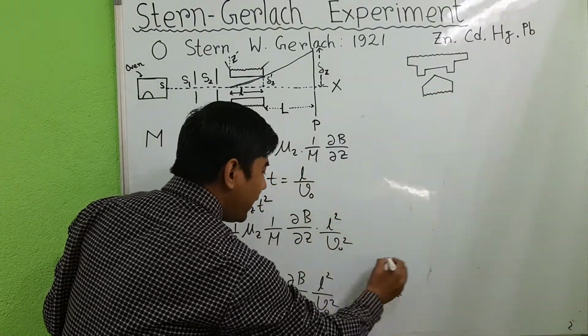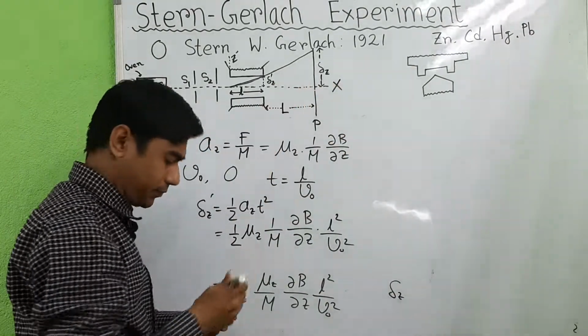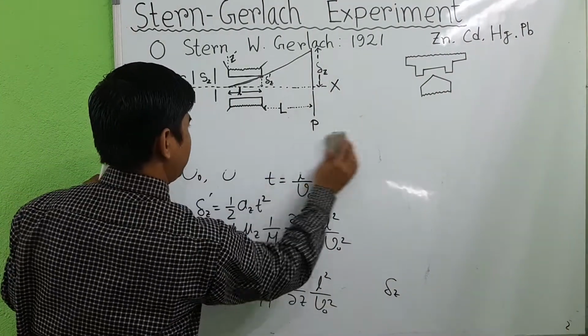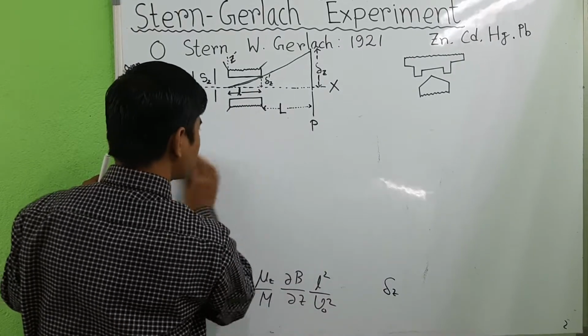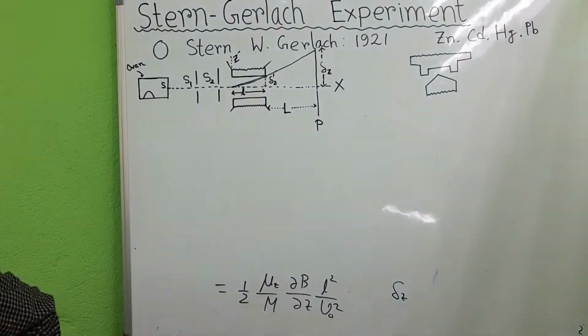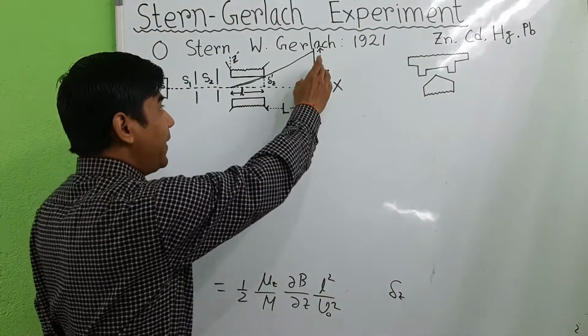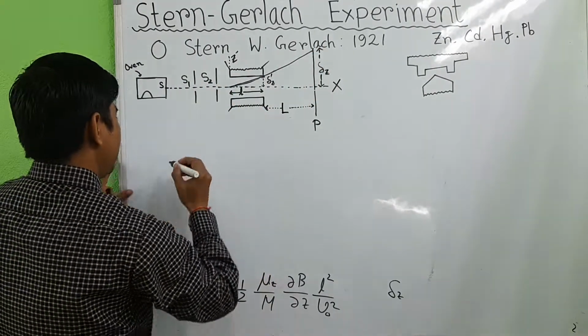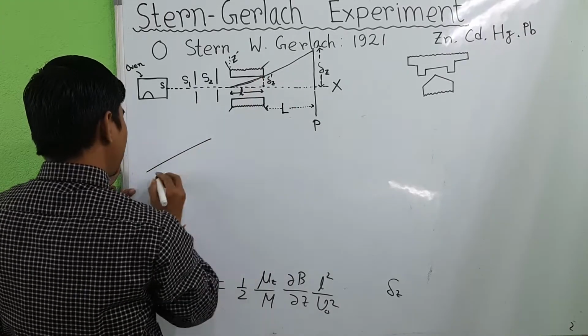Now let us calculate delta z. To calculate delta z, let us draw this portion.